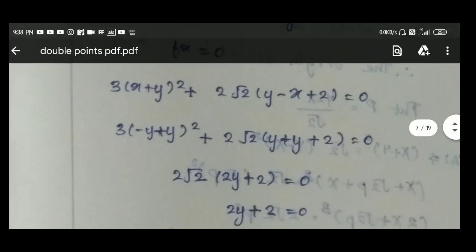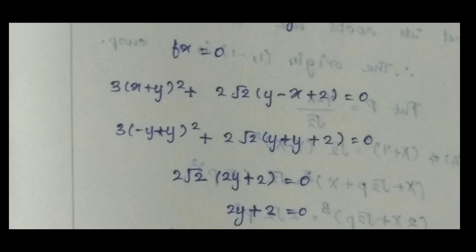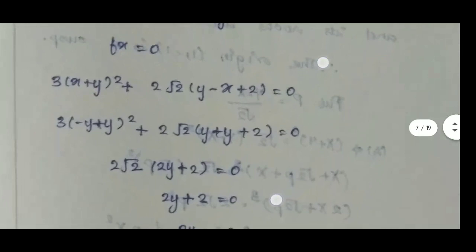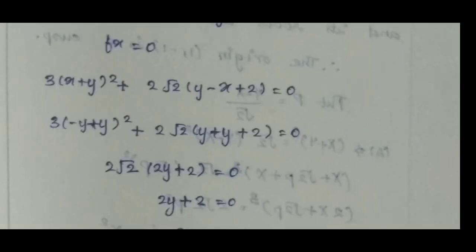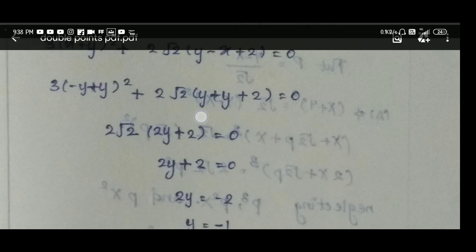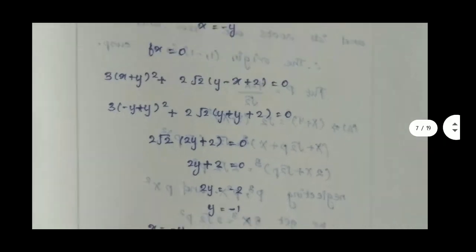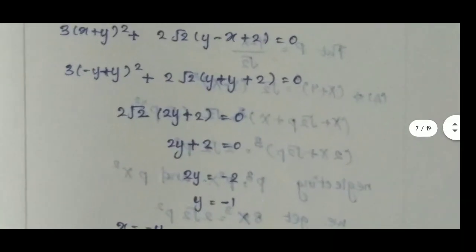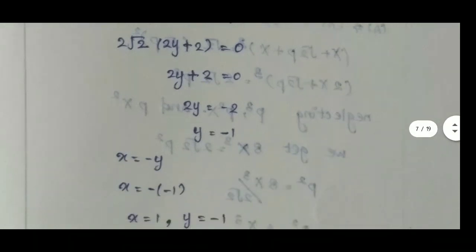So 3 into (minus y plus y) the whole square plus 2 into root 2 (y plus y plus 2) equal to 0. The minus y plus y gets cancelled, so we get 2y plus 2 equal to 0, 2y equal to minus 2, y equal to minus 1.